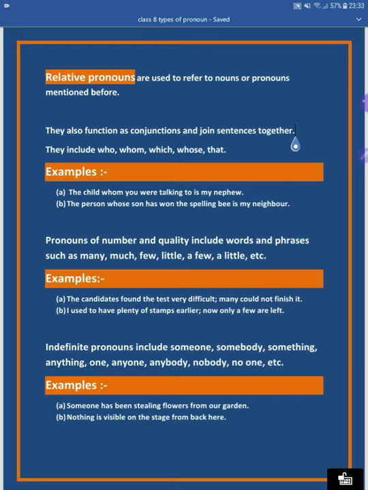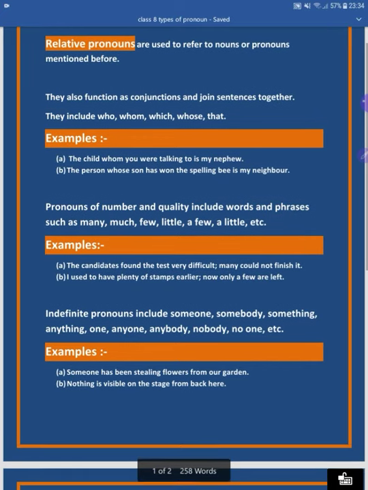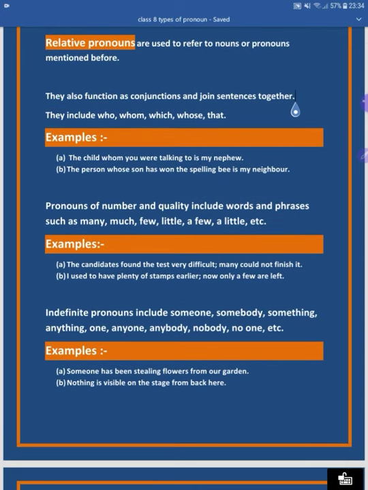Wherever you see that there is any question word, like who, whom, which, whose, that is written in the sentence, then directly you can answer that it is the relative pronoun. But make sure that it is referring to nouns or pronouns.